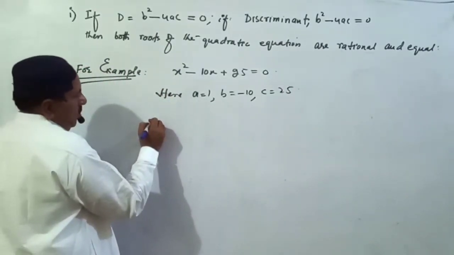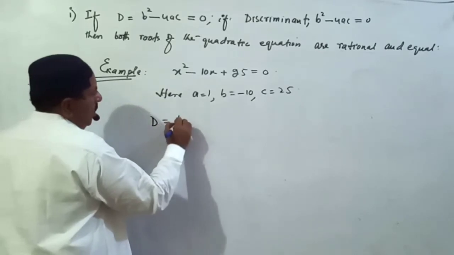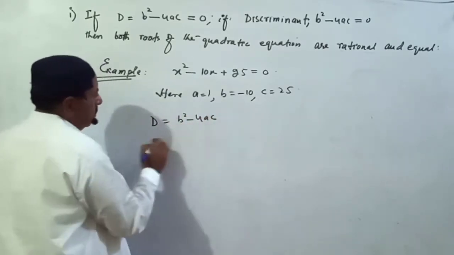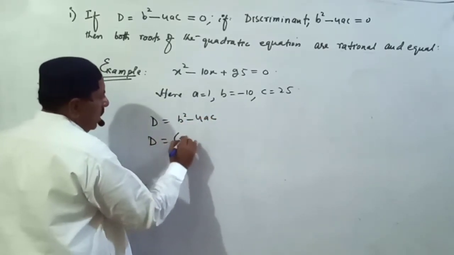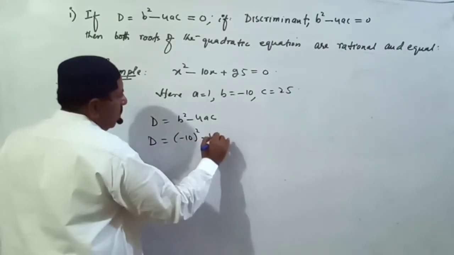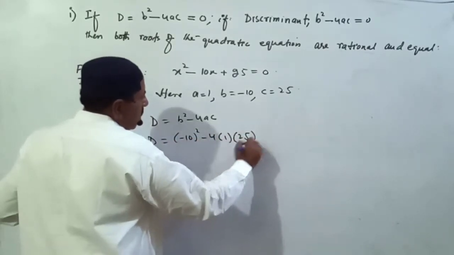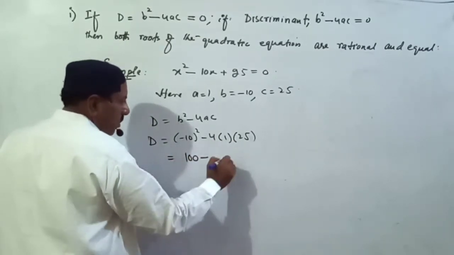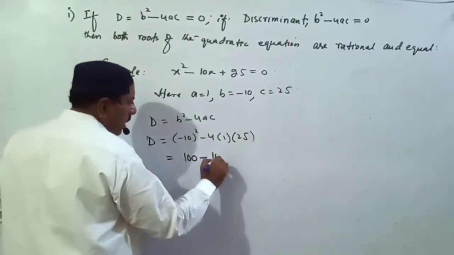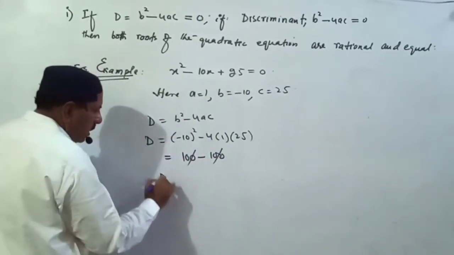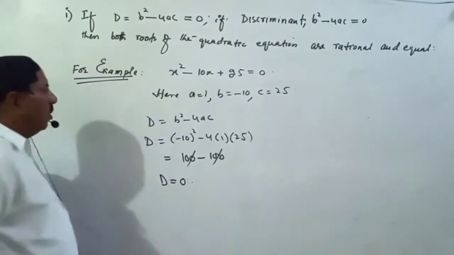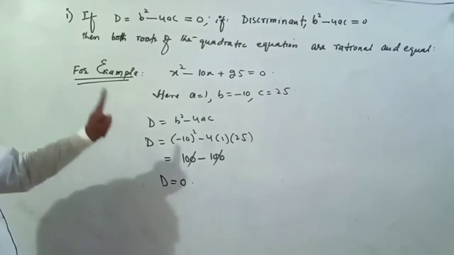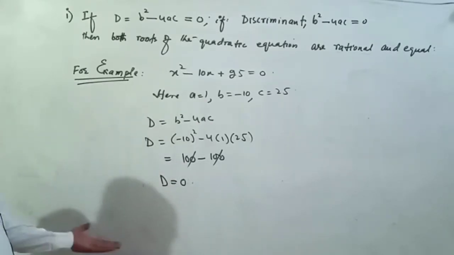So D is equal to B square minus 4AC. So D is equal to minus 10 square minus 4 into 1 into 25. So this will be minus 10 square means 100, minus 4 1 the 4, 25 the 100, and cancel, discriminant is equal to 0. So therefore this equation will give us both roots equal.